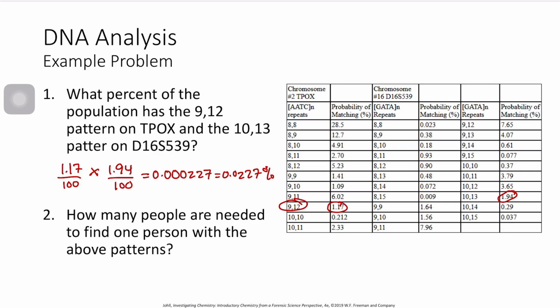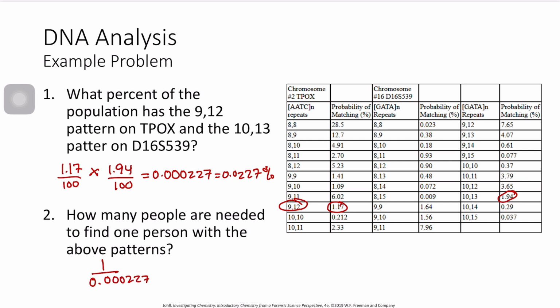Now, if you're looking for a population size required to find the individual with that matching pattern, you have to take the inverse of the probability. We would take 1 over 0.000227.